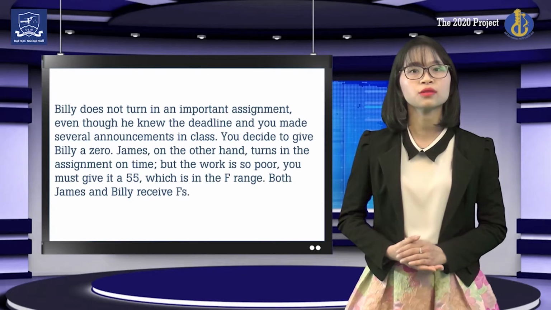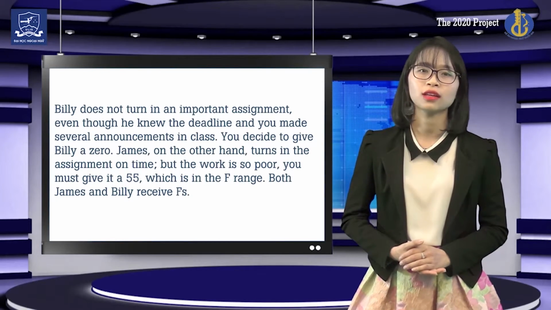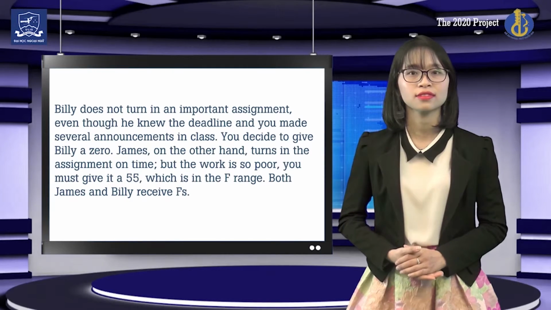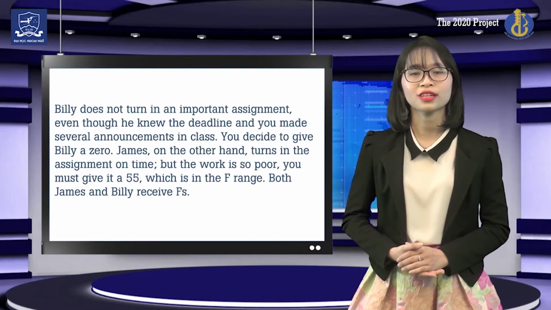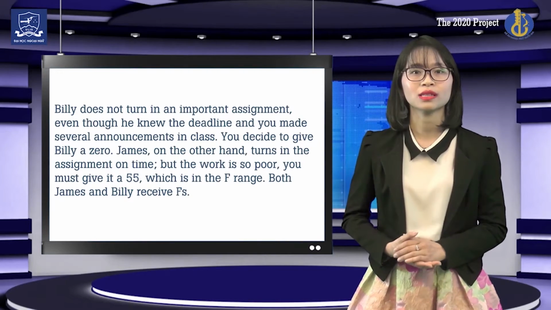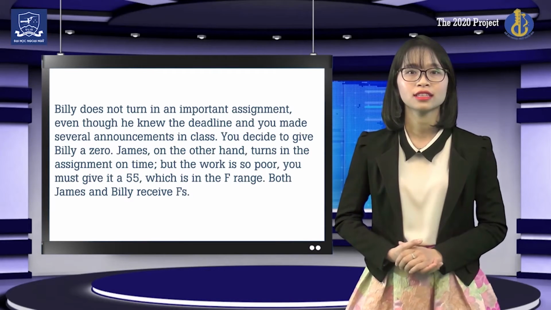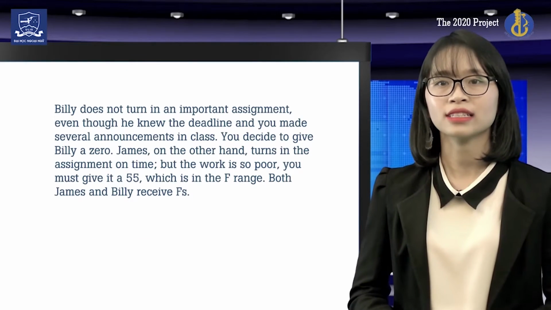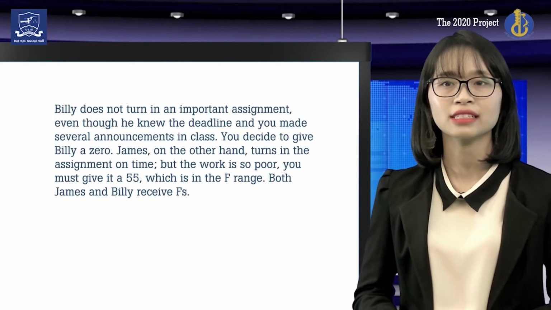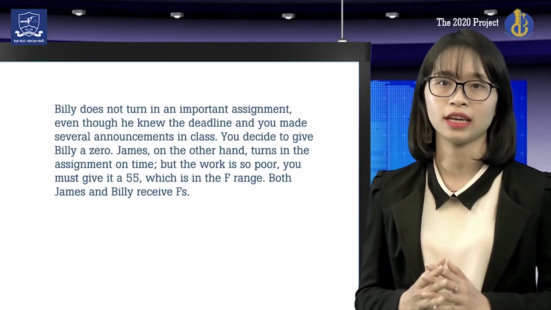A closely related question is, should I lower a student's grade when the assignment is turned in late? Some teachers, for example, still mark late assignments, but subtract some points from the mark. Again, such practice lowers the validity of the marks and resulting grades because it muddles their meaning.